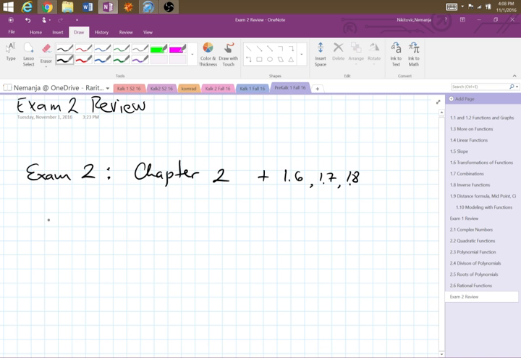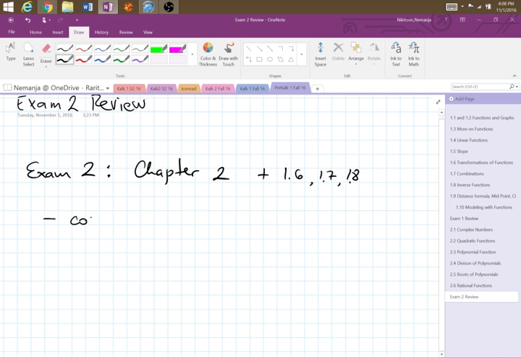For our chapter 2, we need to know how to deal with complex numbers, right? Knowing the definition that i is defined as the square root of -1.